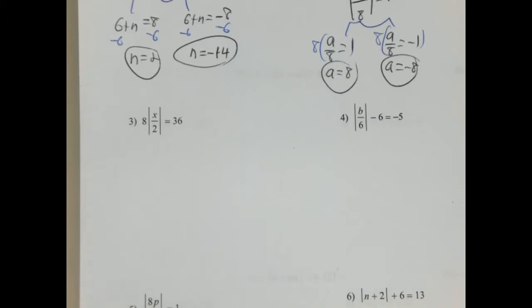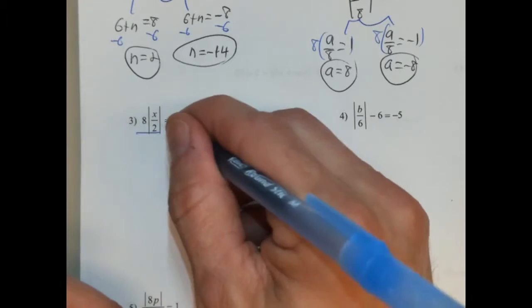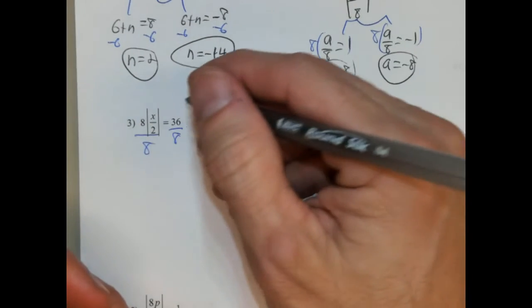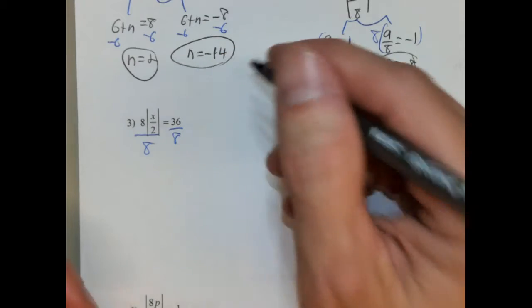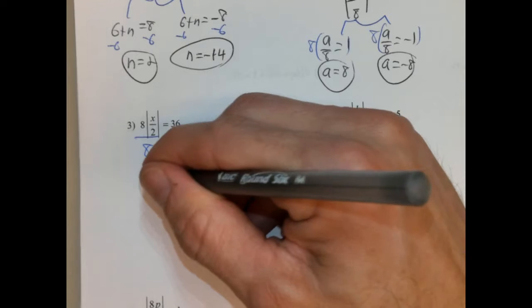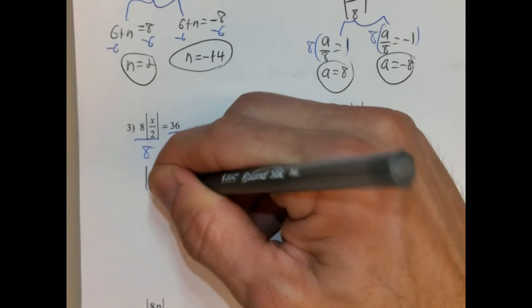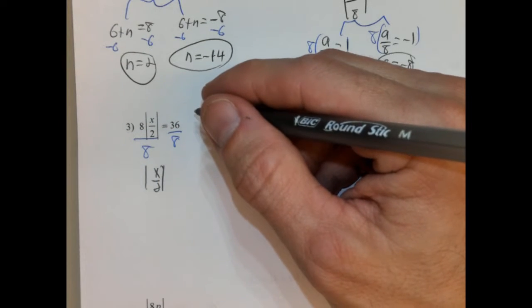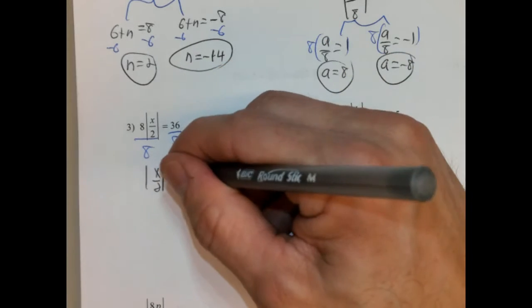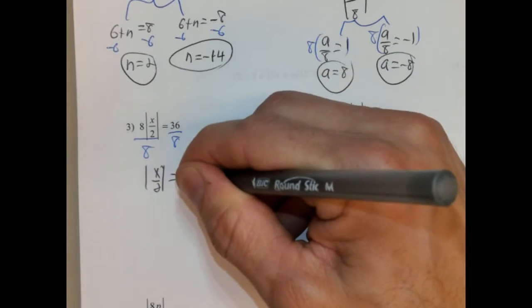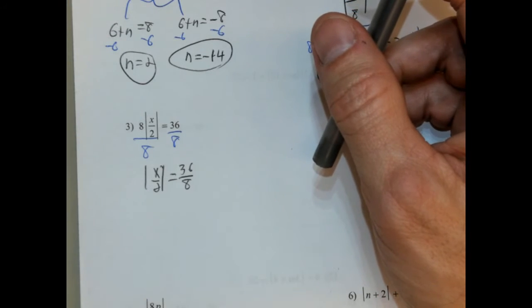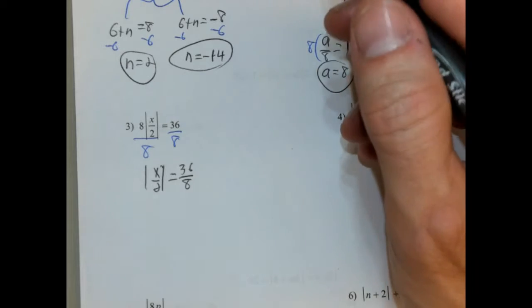Here, we're going to isolate the absolute value by dividing both sides by 8. So we're going to have absolute value of x over 2 equals 36 over 8. 8 does not divide 36 evenly, which is fine.